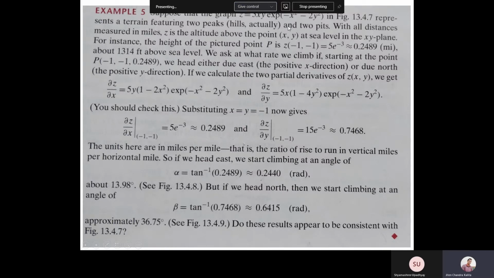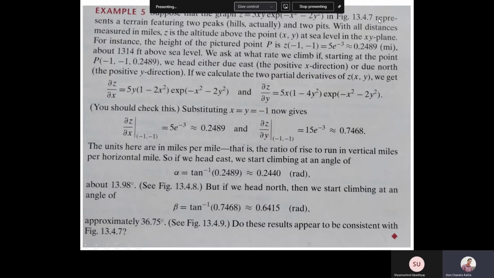So what it has done is consider a function z equal to 5xy for this. As I have told you, whenever you have something like e to the power minus ax square minus by square, you are always going to have a surface like a mountain. I'll show you this surface.